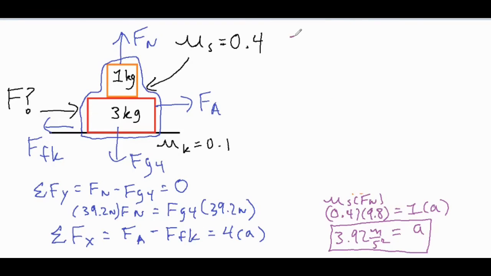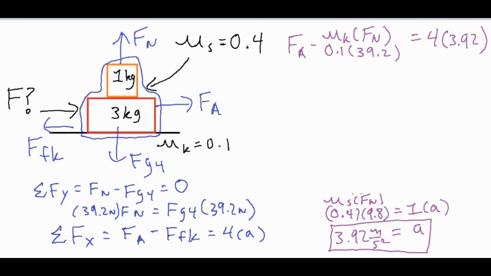So we know that the Fa minus the force of kinetic friction down here, which is mu k times the normal force. So the coefficient of kinetic friction is 0.1. So it's basically 0.1 times 39.2 because we know that the Fn equals the Fg. So we said that was 39.2 a little bit earlier. And that equals mass times acceleration. Okay, and we did get the acceleration right over here, so that was helpful to us.